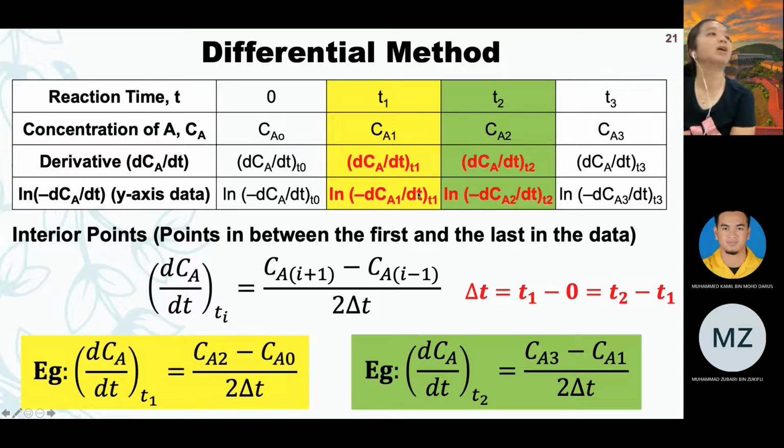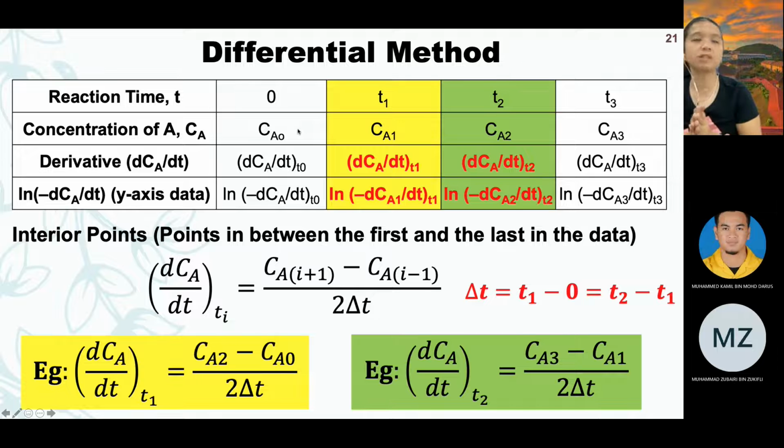Okay, maksudnya, katakan you're calculating for this yellow box for the second data in the graph. The second data in the table, kita nak cari dCA per dt dia. So for this second data in the table, the dCA per dt at T1 akan sama dengan you take the concentration after the reading, which is Ca2, you minus with concentration before the reading, which is Ca0.